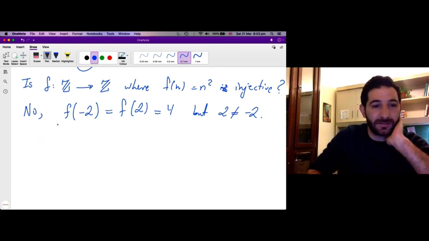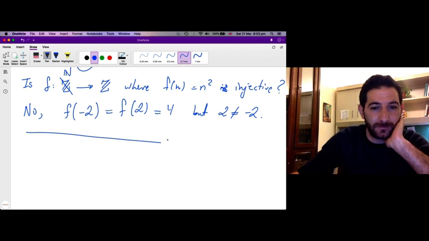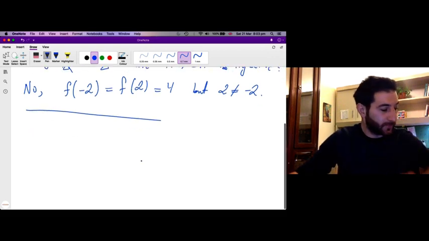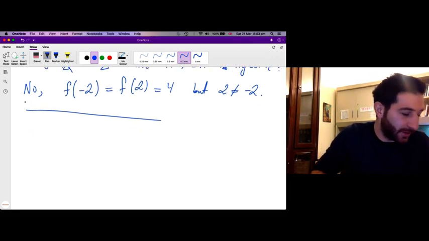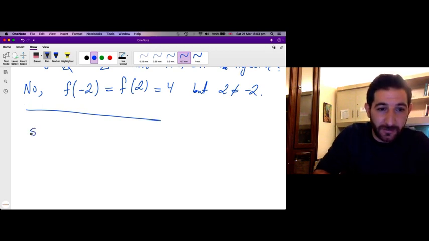Now what happens if we restrict this to the natural numbers? Let's see. Example: show that it will become injective.